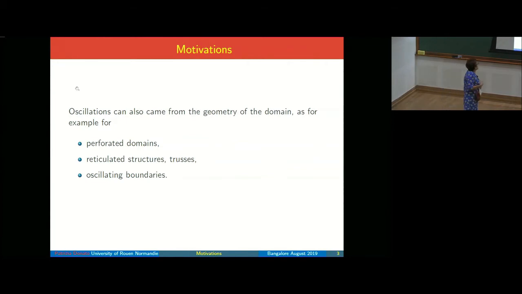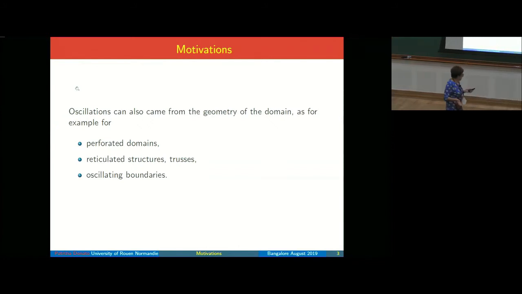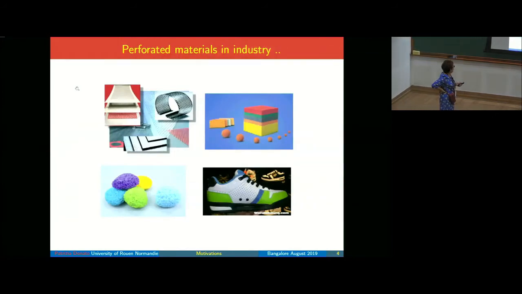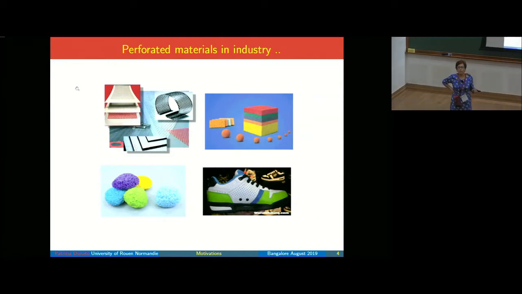So you can have a perforated domain, a reticulated structure, an oscillating boundary. For instance, some pictures of holes: you can have a sponge, you have shoes which allow you to transpire because they have a lot of small holes and the water does not enter inside, so you have to choose conveniently the size of the holes.